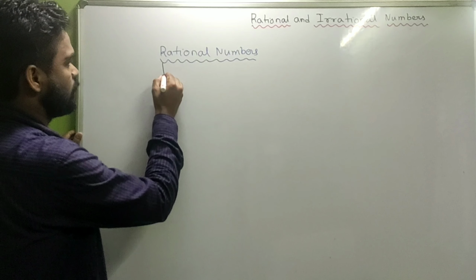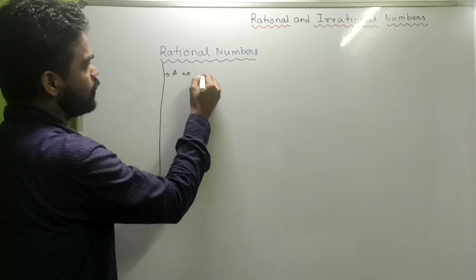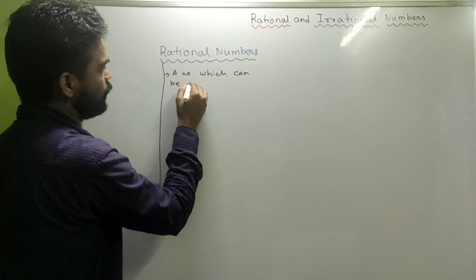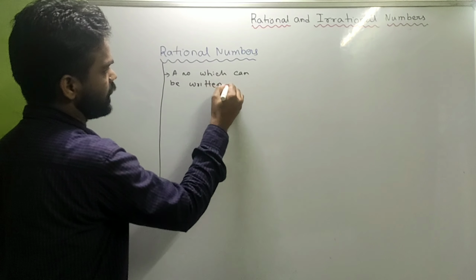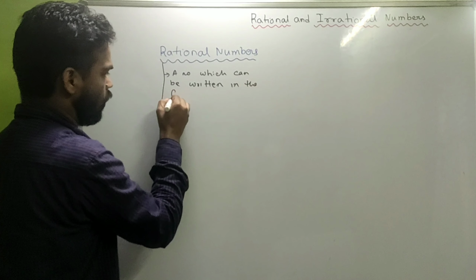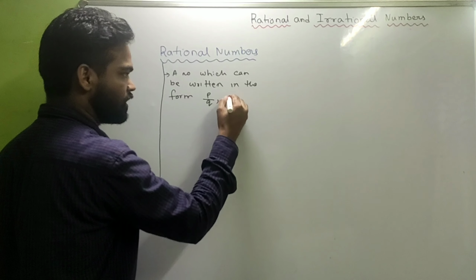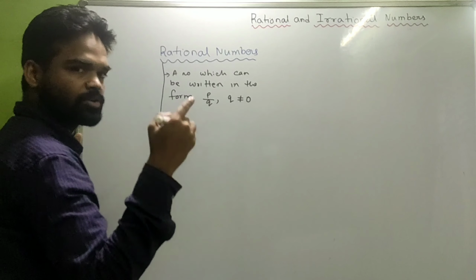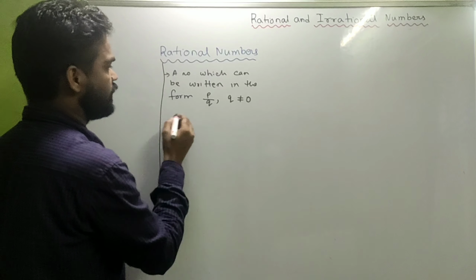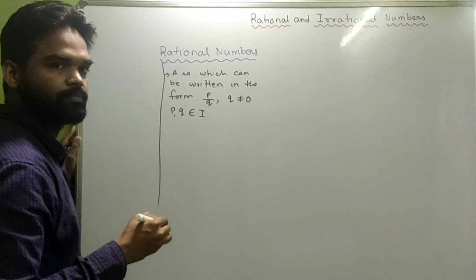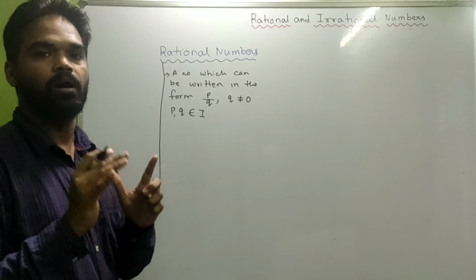So let us see what rational numbers are. Very easy. A number which can be written in the form p by q, where definitely q is not equal to 0, because something divided by 0 is undefined, and p, q belong to integers, is known as a rational number.